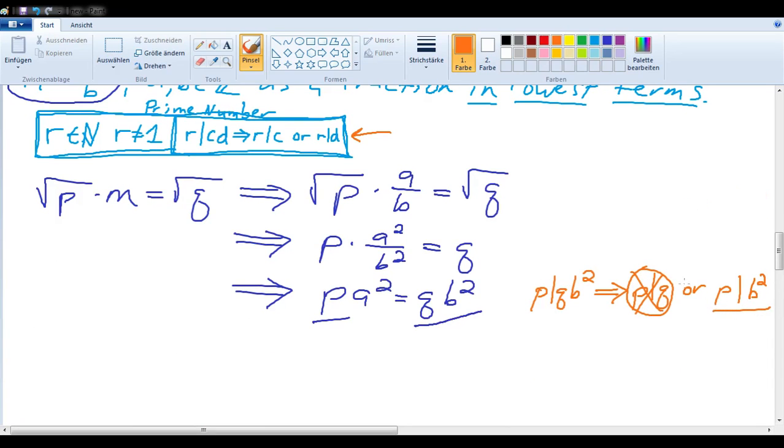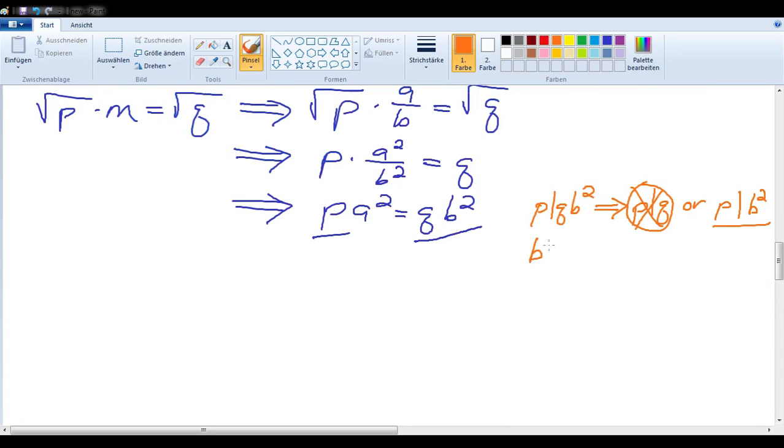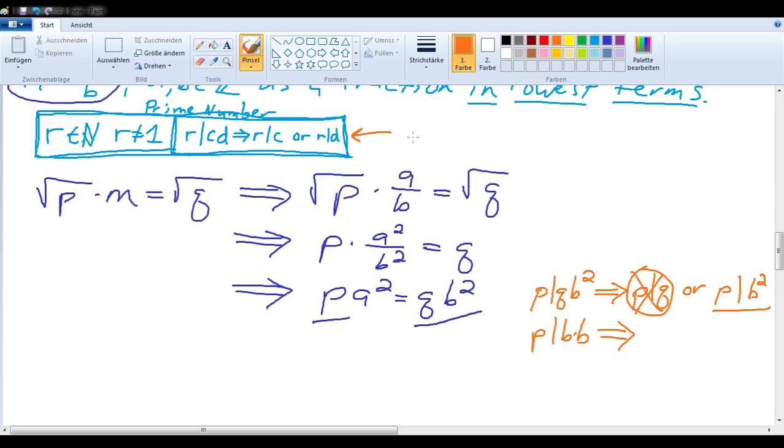P divides b squared. In other words, p divides b times b. And again, with our definition here of a prime number, we can see that p divides b, or here trivially, p divides b. We have no choice, it seems, so p divides b.